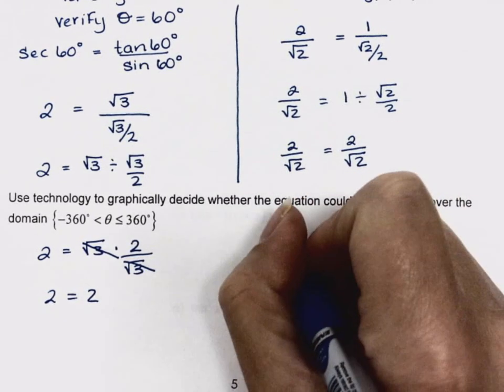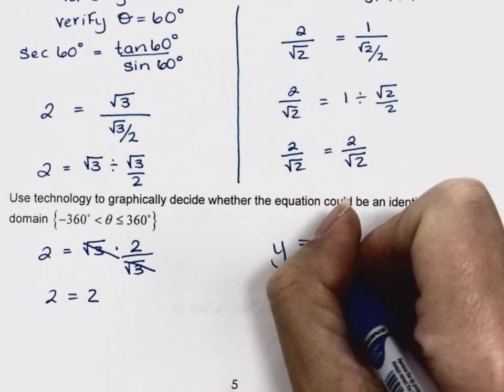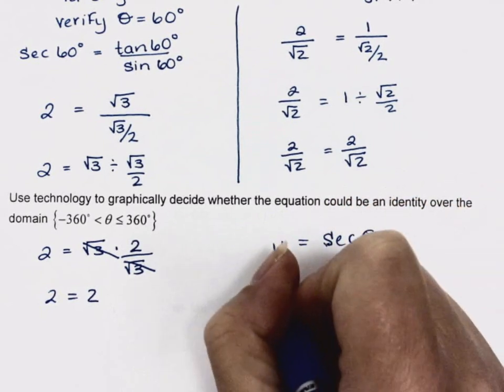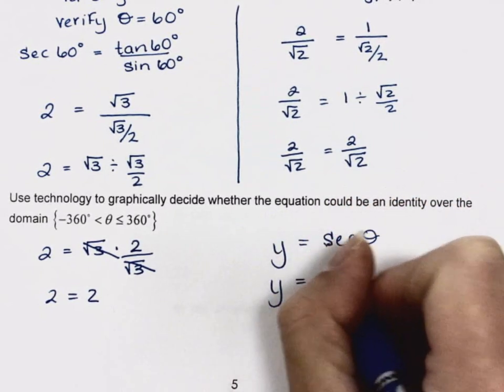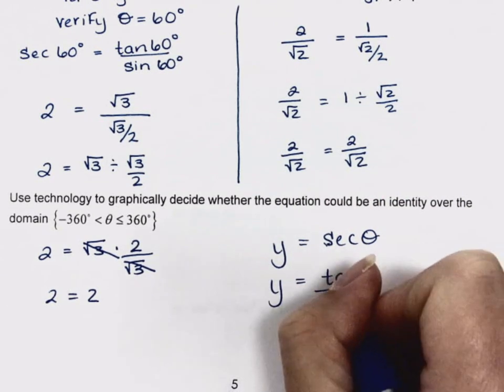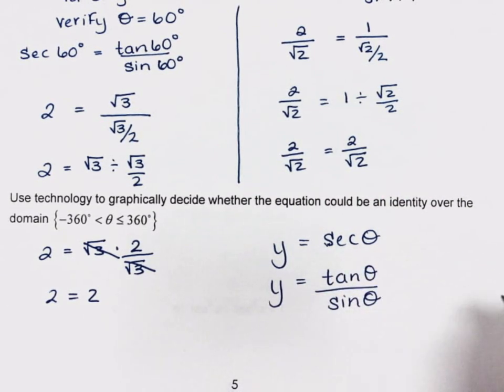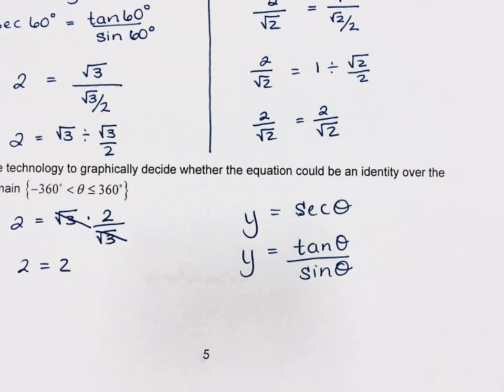I would graph one equation as y equals secant theta and y equals tan theta divided by sine theta. I'd graph these two and see if they lay directly over top of each other. That's how I do it graphically. You're not going to be asked to do that, but that's how I would attack it if that was a question that was asked.